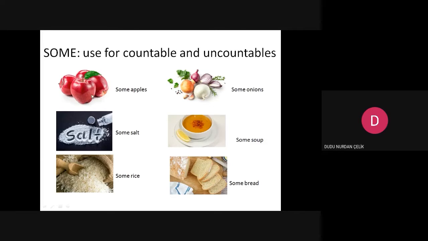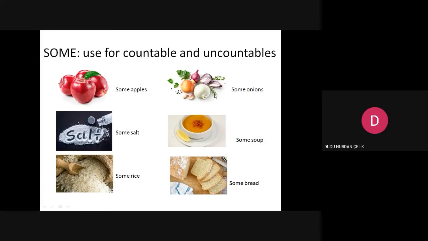Look at the examples. Apple is countable, and when we use it with some quantifier, we use it plural. Some apples, because some means plural for countable nouns, like some onions.